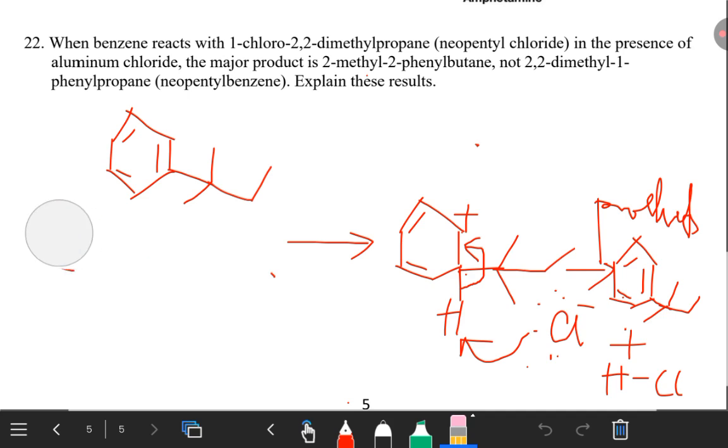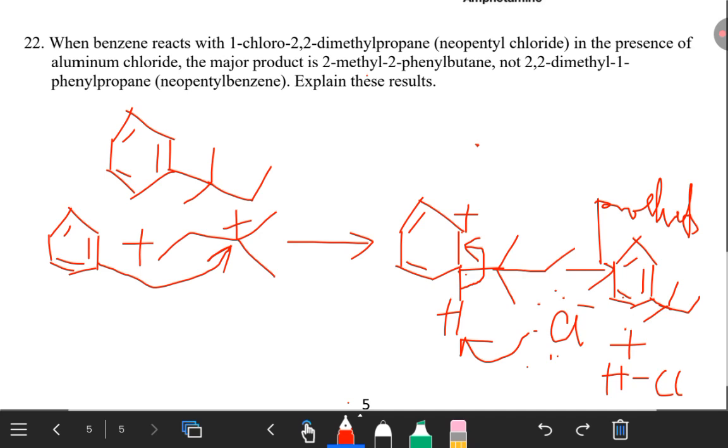Okay, so let's name this product which we've formed. This is the phenyl group. So we're going to count: 1, then this will be carbon number 2, carbon number 3, then carbon number 4, like that.